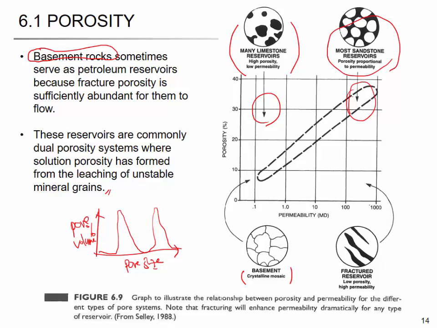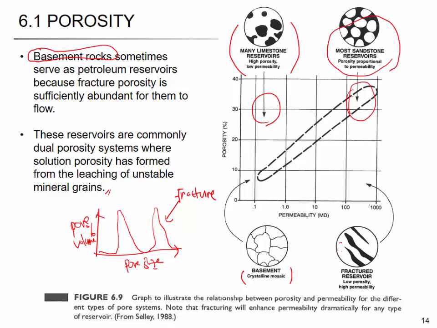So you have a large pore system and a small pore system. And this can be frequently found in fractured rock, because in fractured rock, fracture serves as a large pore. Right? This is the fracture.